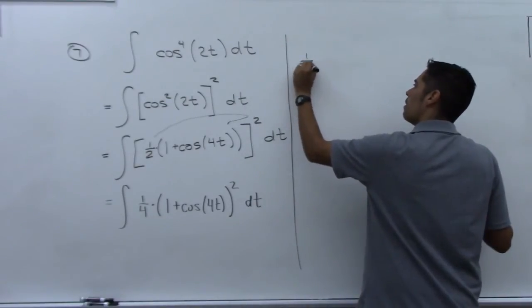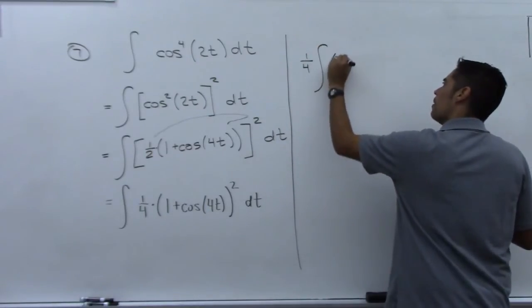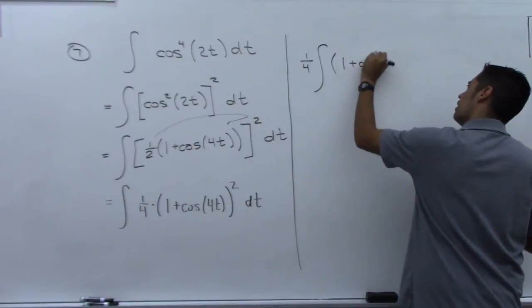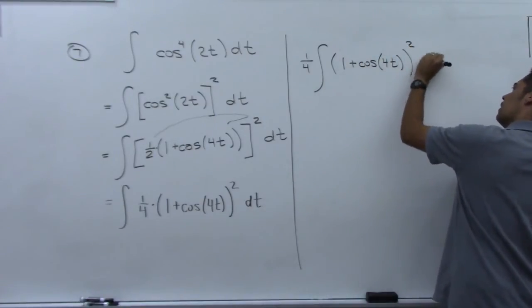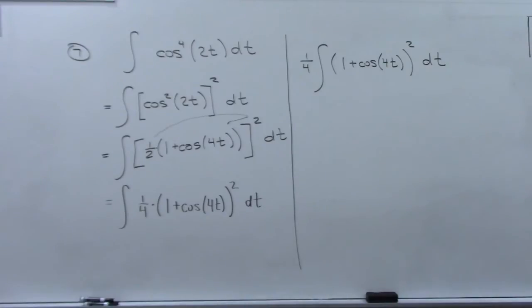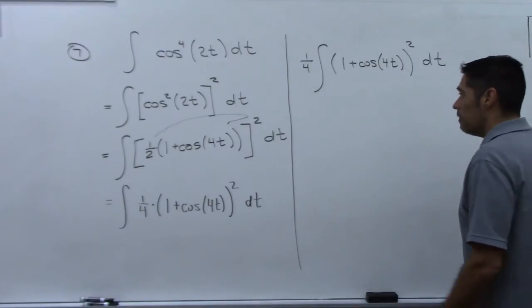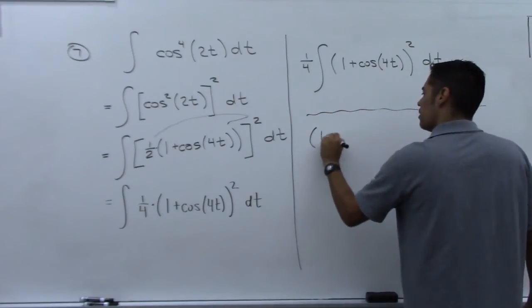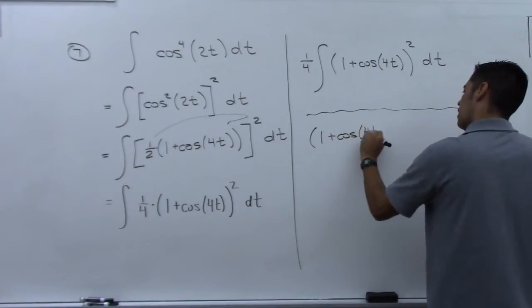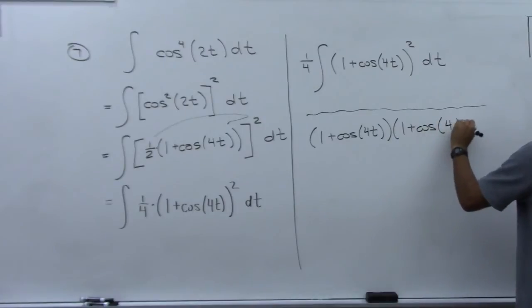So 1/4 integral. Now what's still here? 1 plus cosine 4t, that quantity squared. Now I have to actually square this, which means I have to multiply it times itself. So let me take a little break here and do that. That means I have to do 1 plus cosine 4t times 1 plus cosine 4t.